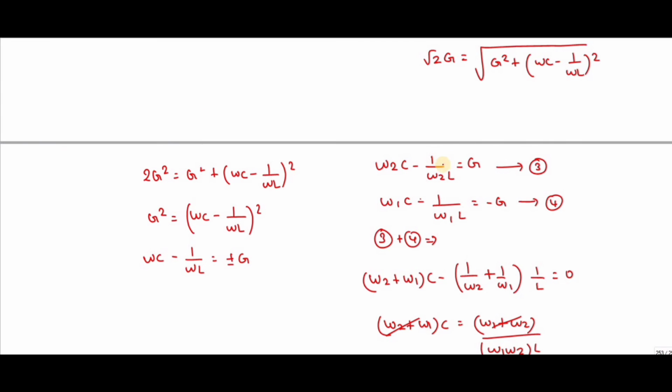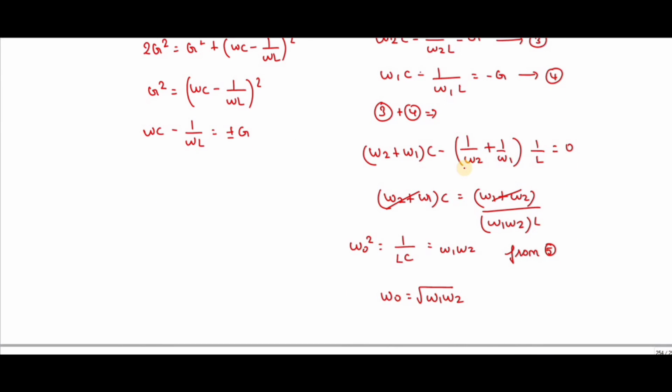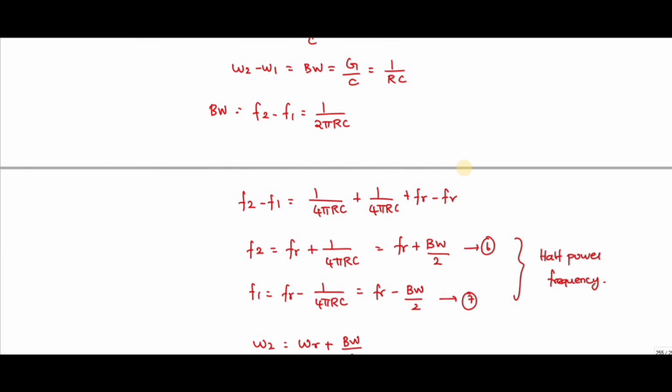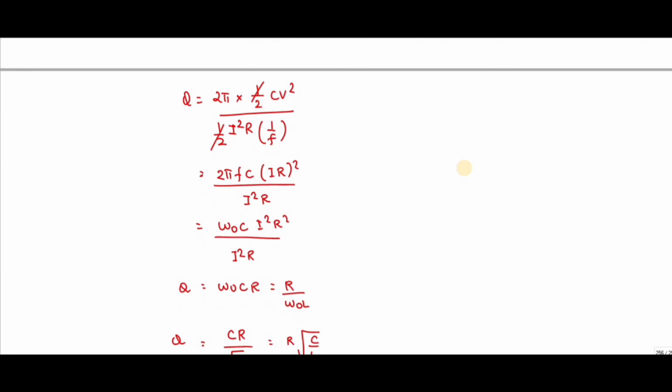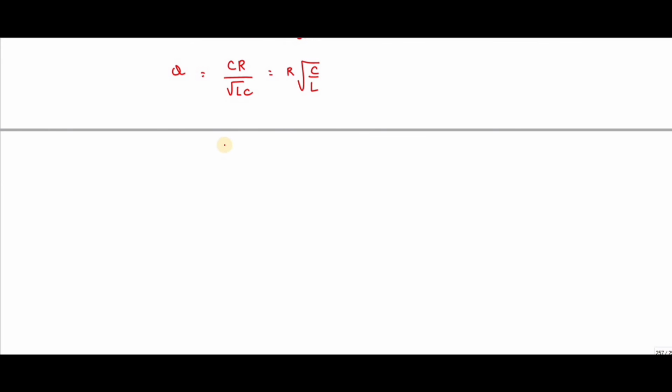Omega 2 C minus 1 divided by omega 2 L, that is equal to G. So omega 2 C minus 1 by omega 2 L is equal to G. Okay, so multiply omega 2 on both sides.